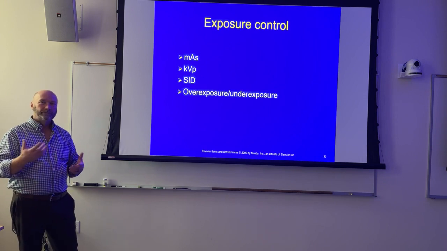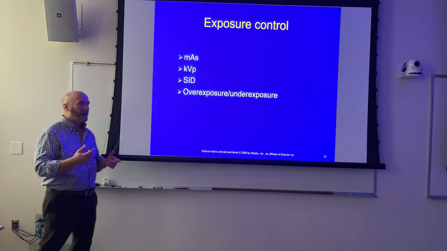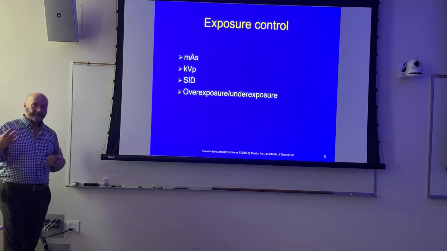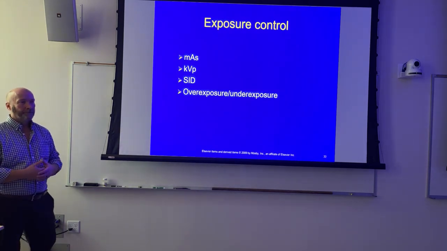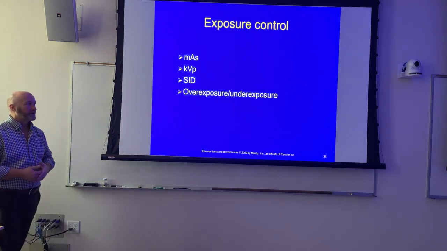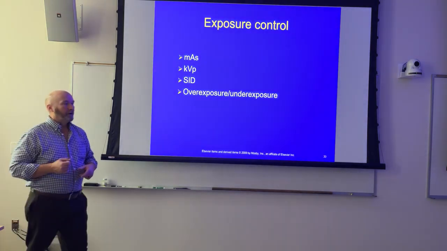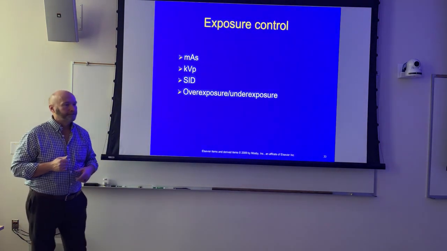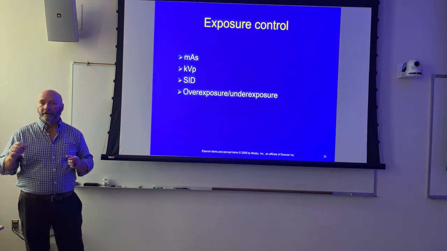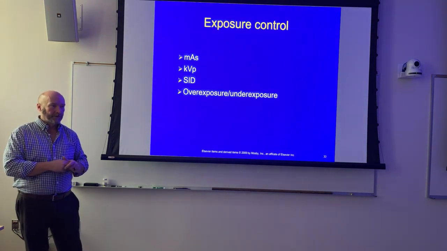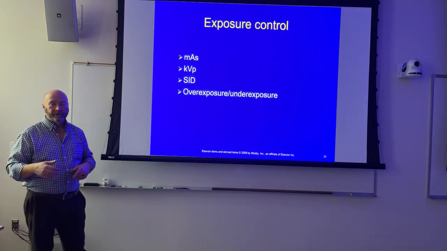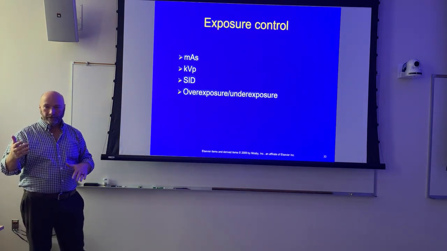So minor changes in your technique, minor errors in your technique, manifest themselves as a difference in index number, right? Could be S number, EI number, whatever it is that your institution uses. Those numbers are pretty indicative of how much you over or underexposed a patient. Okay, so what I mean by that is, with some of your index numbers, if you overexpose a patient, the number goes down.